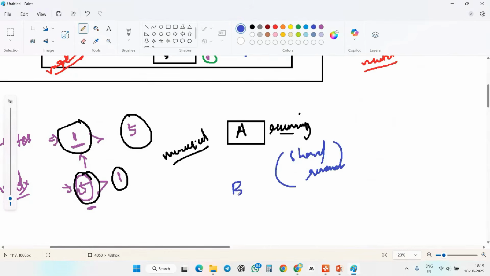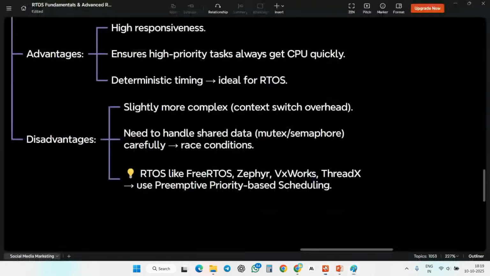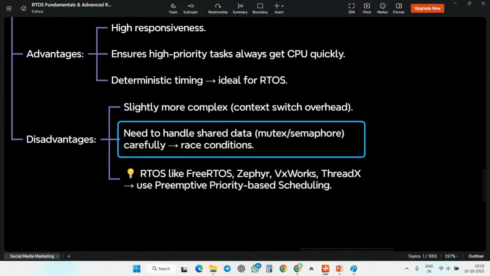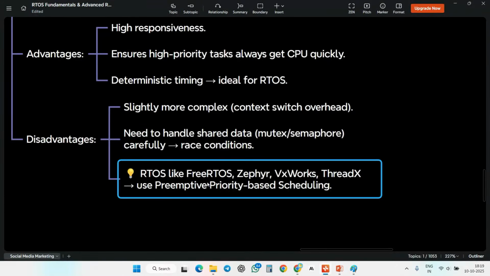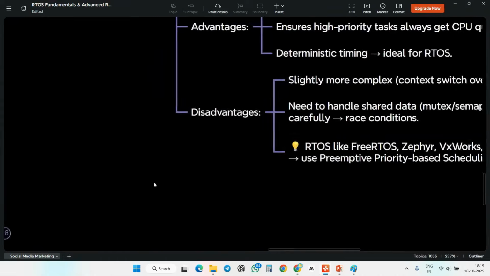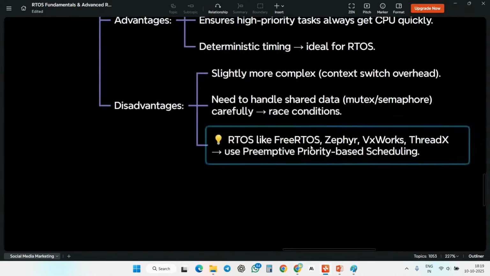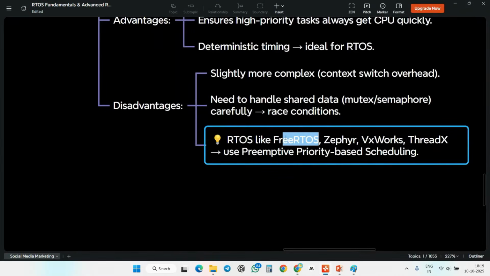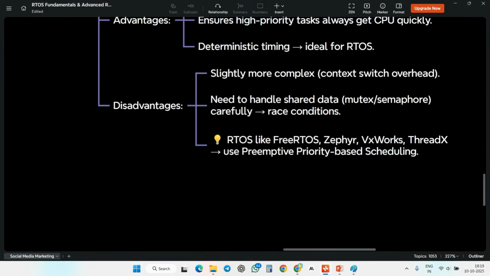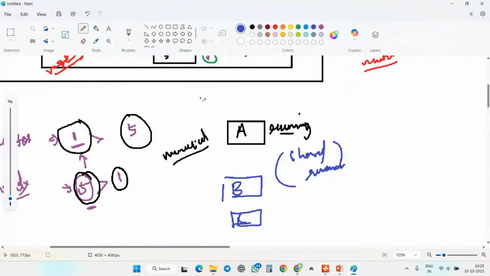If task A and task B try to do this at the same time, multiple things need to be handled, so at that time the race condition happens. You can implement these preemptive functions in FreeRTOS, VxWorks and ThreadX. We are going to work completely on FreeRTOS in upcoming sessions. Yeah, so race condition, yeah.